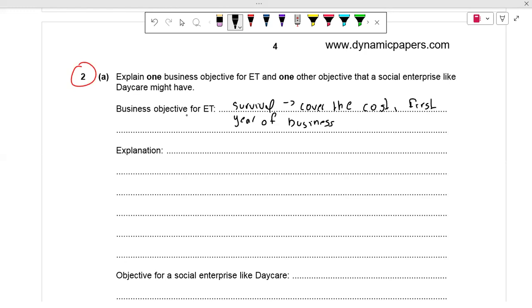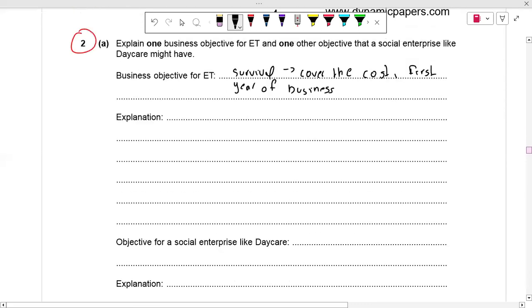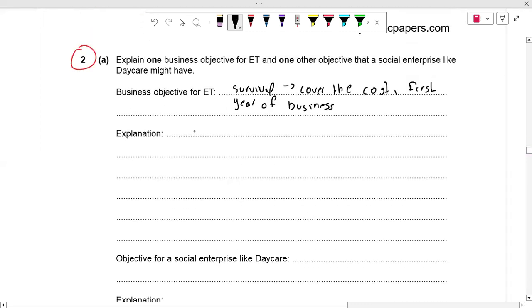Explain one business objective for ET and one other objective that a social enterprise like daycare might have. So you can explain that this is the first year of business.